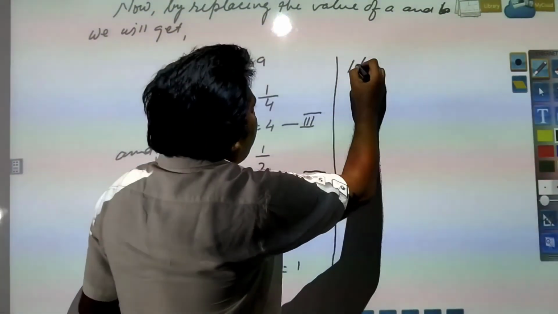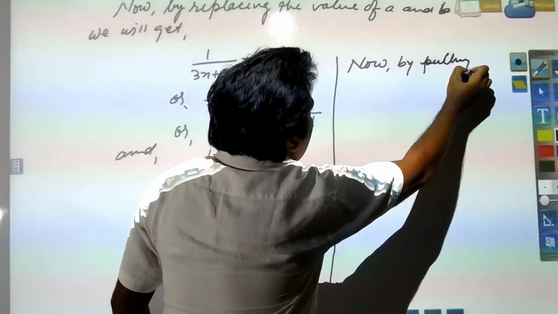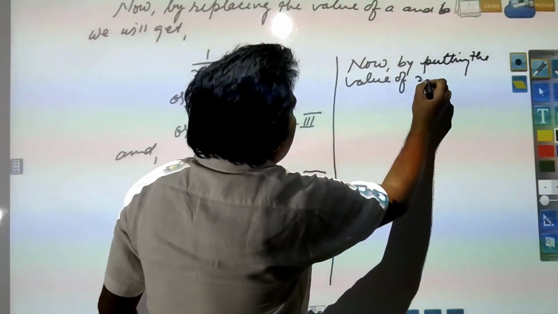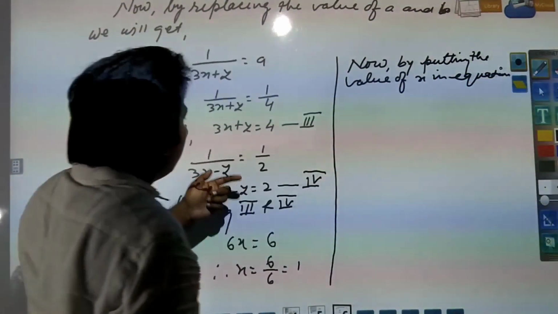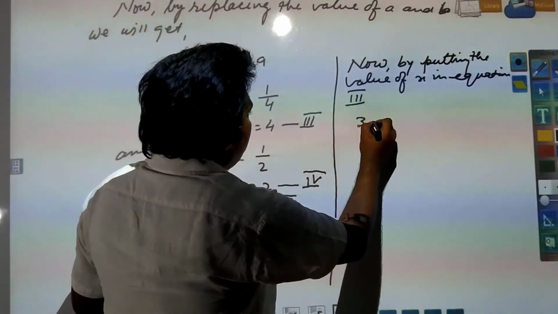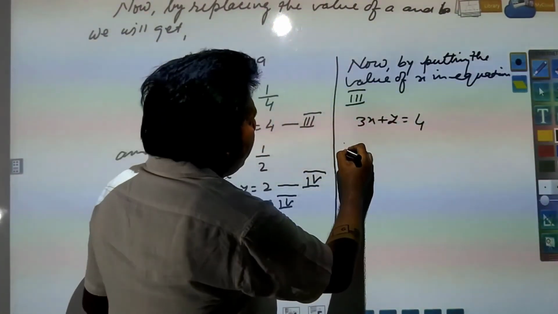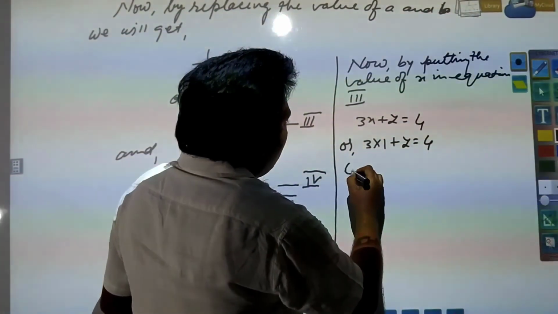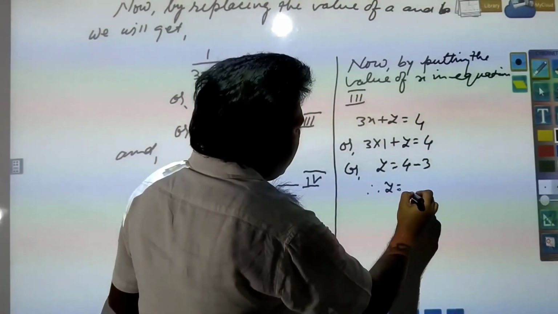Now by putting the value of x in any equation, suppose equation 3, you will have 3x plus y is equal to 4, and x is equal to 1, so 3 into 1 plus y is equal to 4, or y will be equal to 4 minus 3, and therefore y will be equal to 1.